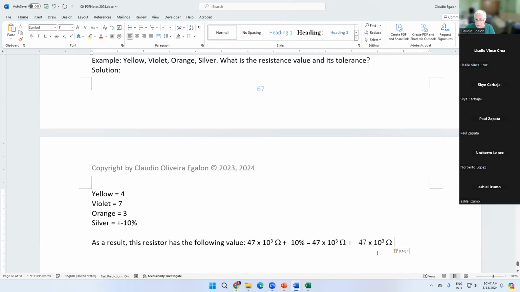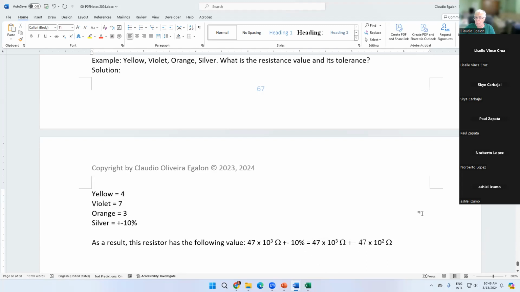So the manufacturer guarantees that the value of the resistance would be between 47,000 minus 470 and 47,000 plus 470. I mean, that's not the third power, it's supposed to be the second power. That's what the thing here means.